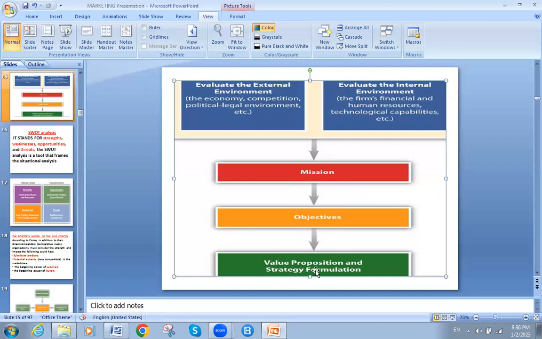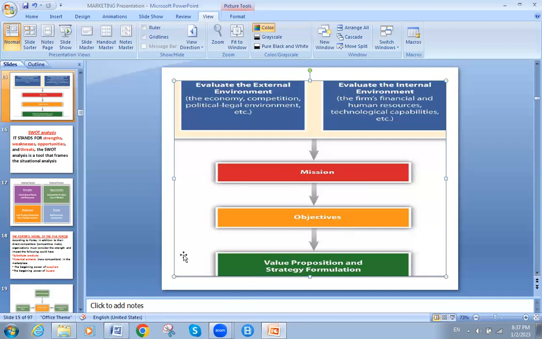Then value propositions and strategy formulation. Here is the step when you will start to formulate your own strategy. But before we formulate our strategy, we have to pass through all these steps.